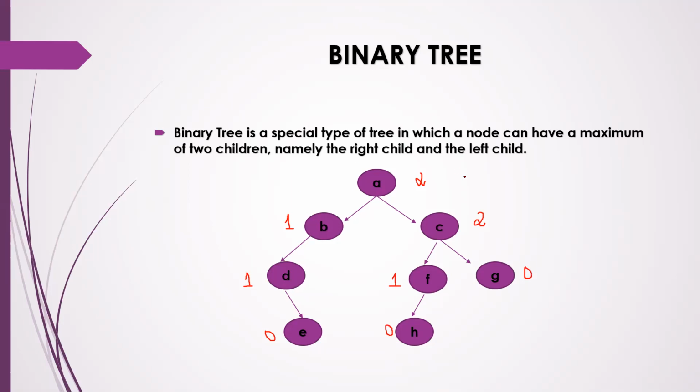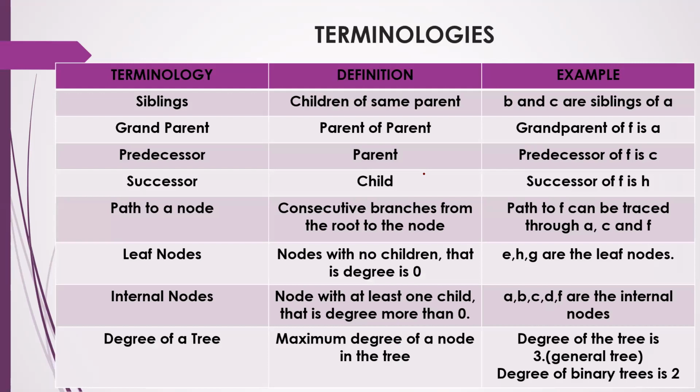Now, the maximum degree the tree has is 2, right? So, the degree of this complete binary tree is 2. If you take leaf nodes, we can identify that they are nodes with no children, or in other words, the degree is 0. Internal nodes means nodes with at least one child, that is degree more than 0.